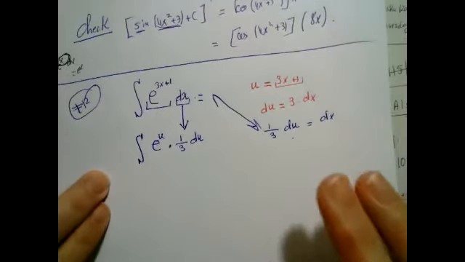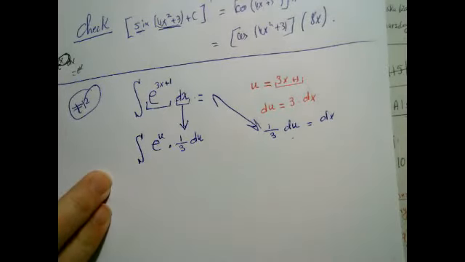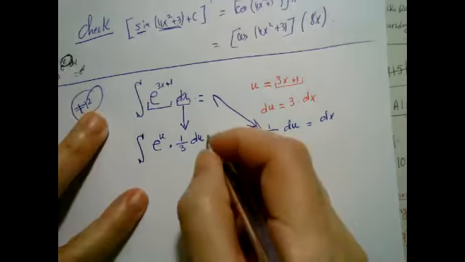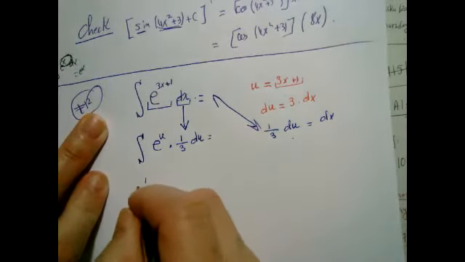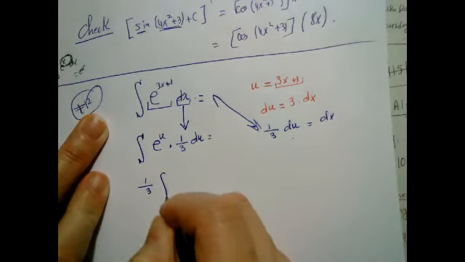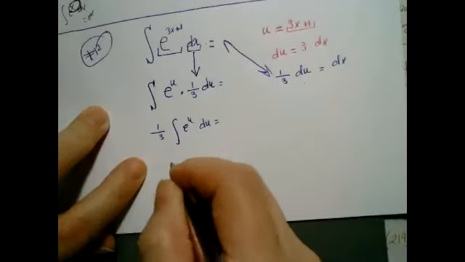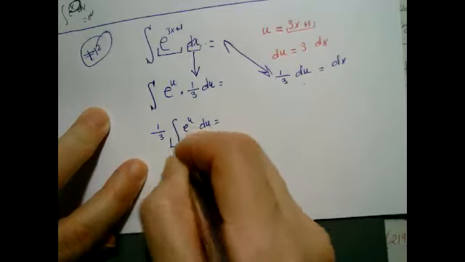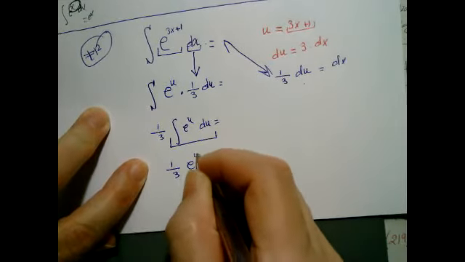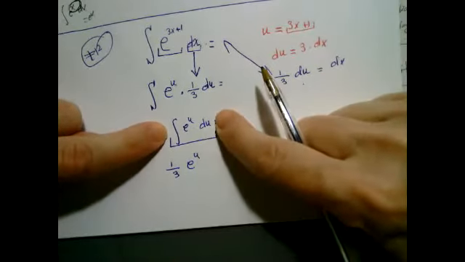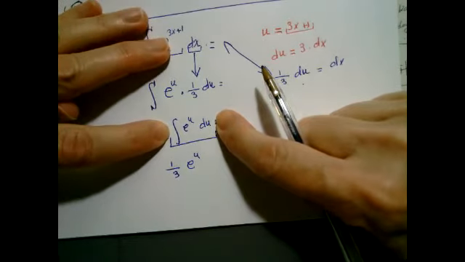The substitution has to be very clear. You're substituting. That's where the word substitute comes from. And now, of course, he is done. If a third is a constant, I can take it out. The integral of e to the u du is going to give me a third times the antiderivative of e^u. At this stage that's an integral in u, so you forget a little bit about x. That's a new integral. The variable is u.